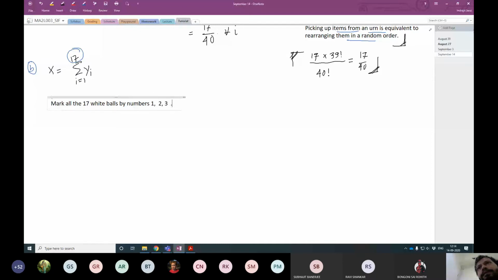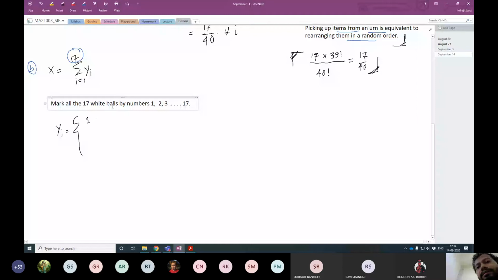And then you define the random variable yi as 1 if the ball marked as i is picked up.